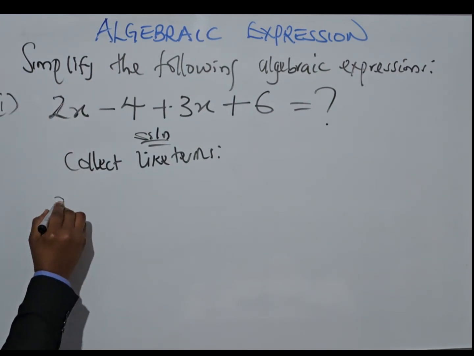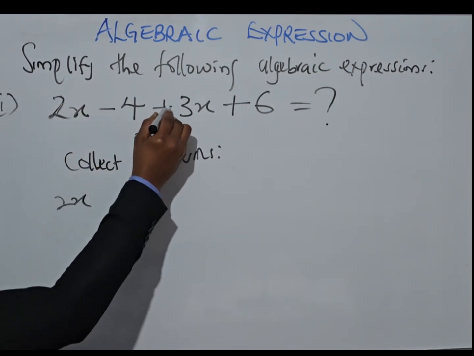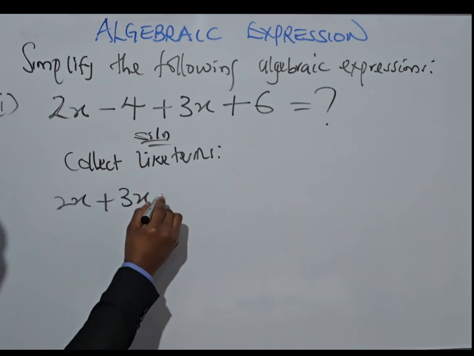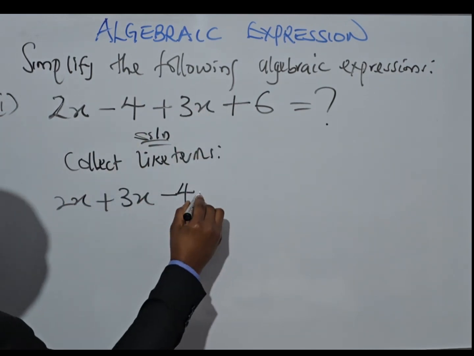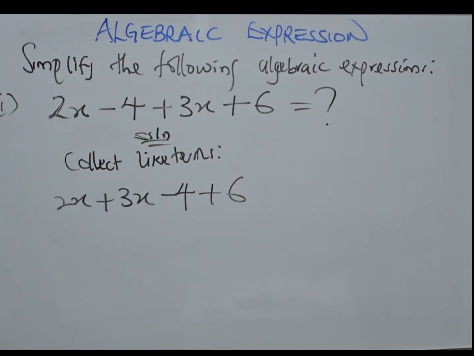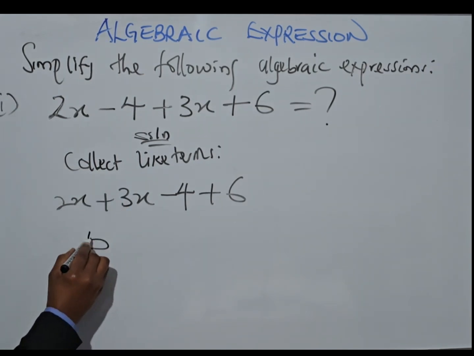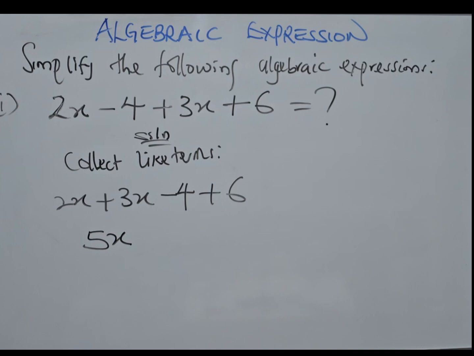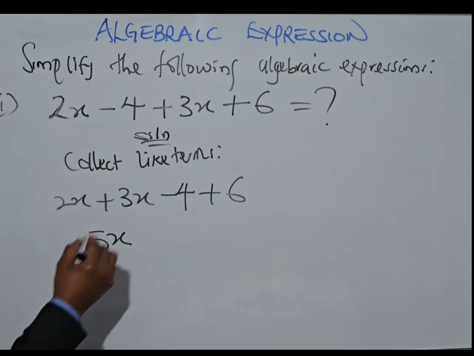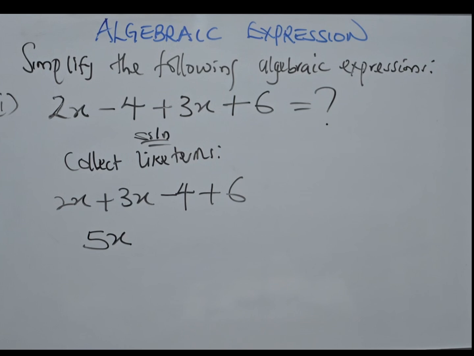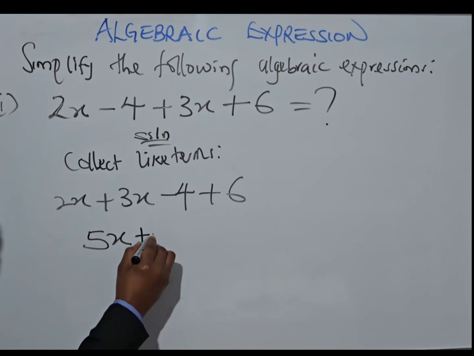So 2s plus 3s, then we have minus 4 and plus 6. 2s plus 3s is 5s. Minus 4 plus 6, what is the answer? The answer is plus 2.